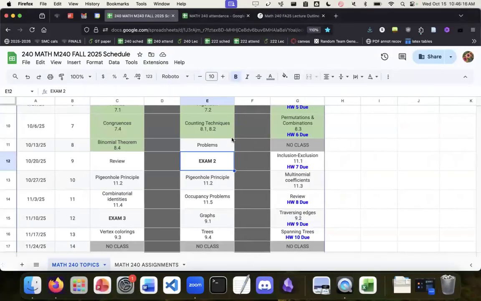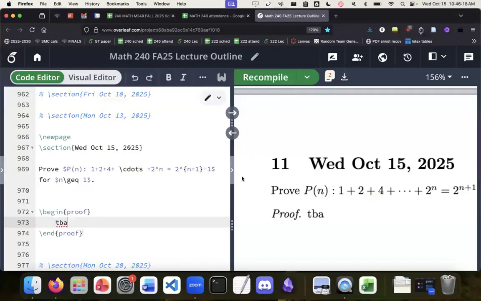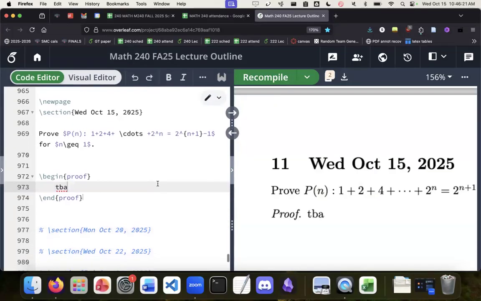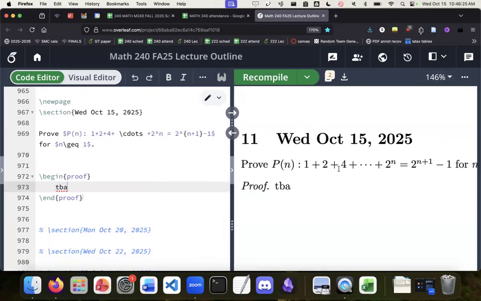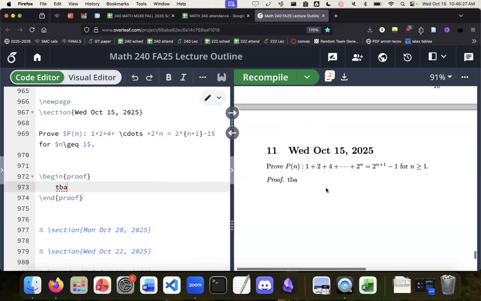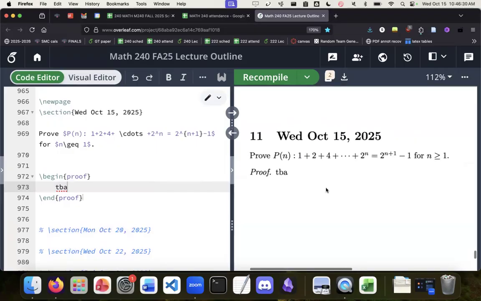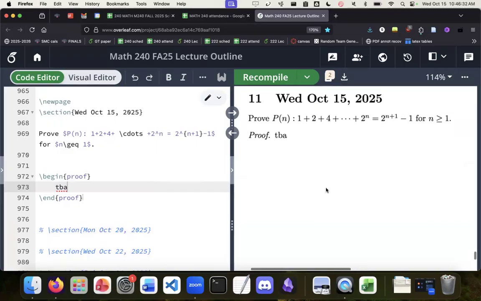Let's go over here, and let's try to zoom out on this a little bit. So I want to prove the statement P of n: 1 plus 2 plus 4 plus up to some power of 2 is equal to 2 to the n plus 1 minus 1, for every n greater than or equal to 1.